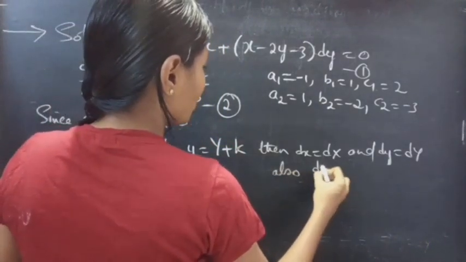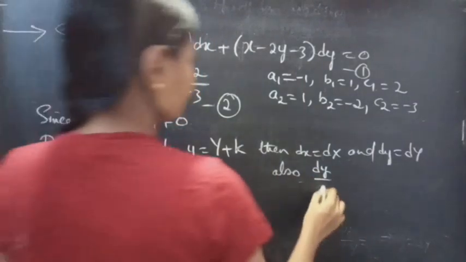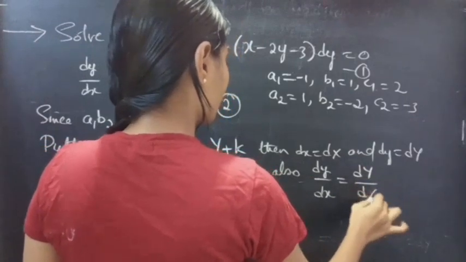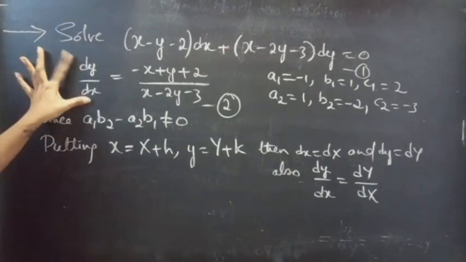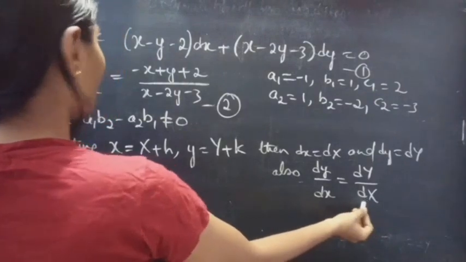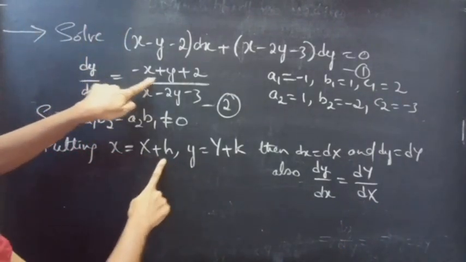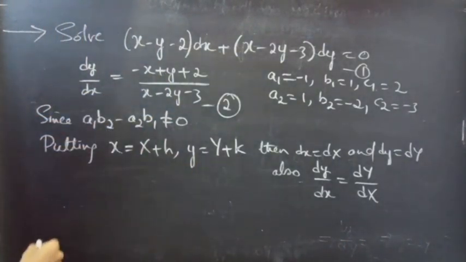Also, dy by dx becomes dY by dX. Okay. Now we can replace dy by dx by dY by dX, and x by capital X plus h and y by capital Y plus k. Okay.